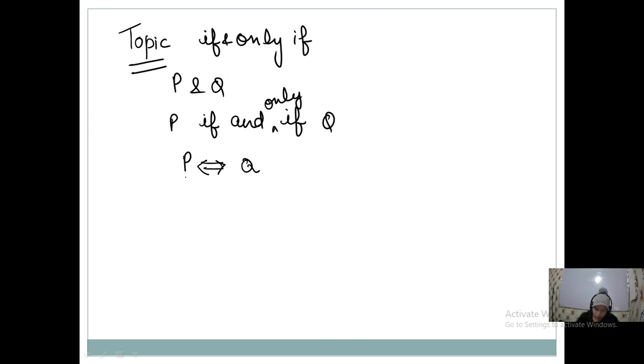Means when P and Q both are true, then the result will be true.